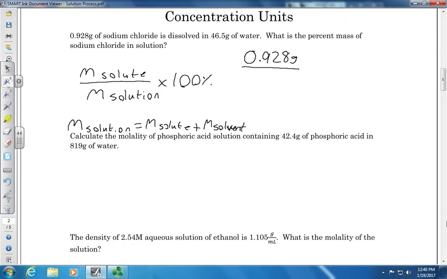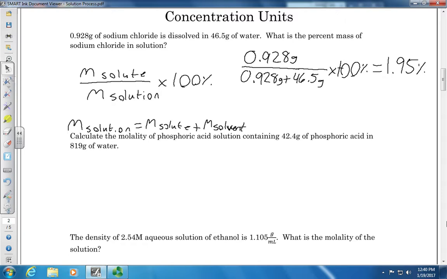So we need to do 0.928 grams plus 46.5 grams. Multiply that by 100%. And that gets us 1.95%. So that is the percent mass of sodium chloride.